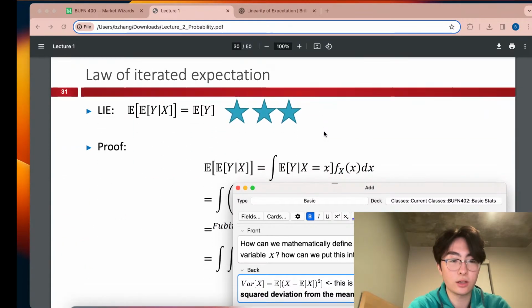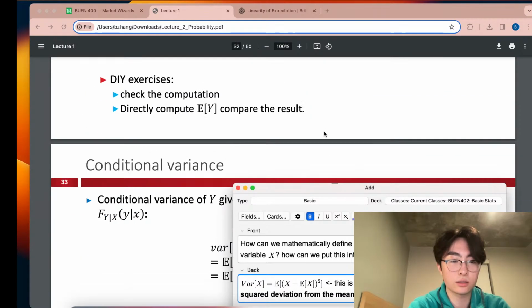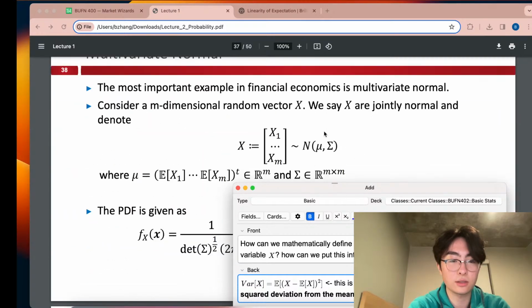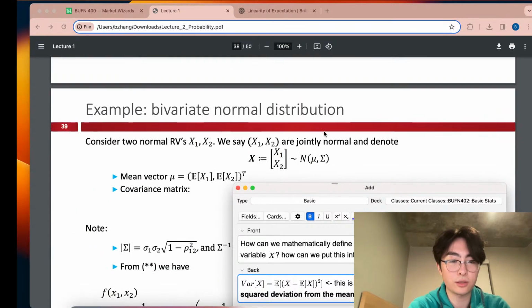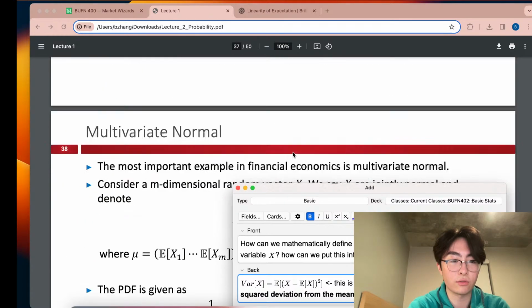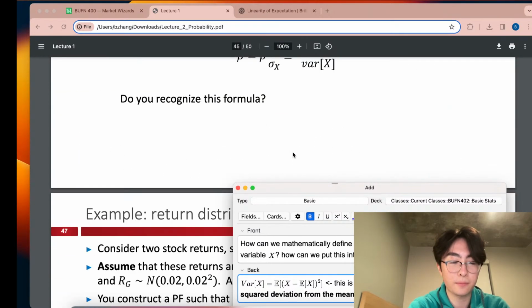Wow, this is long. Law of iterated expectation. Unconditional independence. Proportional properties of summations. Oh, this is a covariance matrix. Never mind. Bivariate normal distributions.